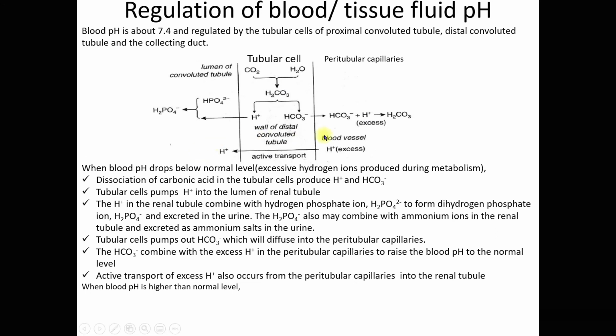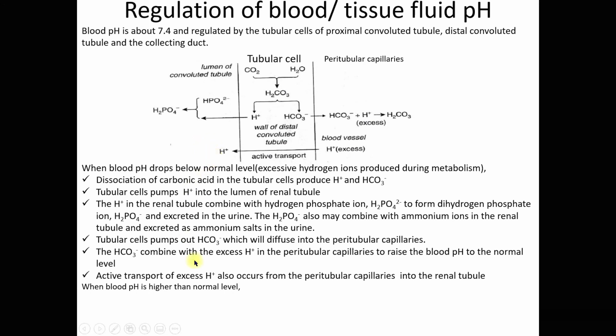So can you see that there are two ways the excess hydrogen ions are decreased from the peritubular capillaries? First, by combining with the bicarbonate ions, and second, by active transport into the lumen of the renal tubule.